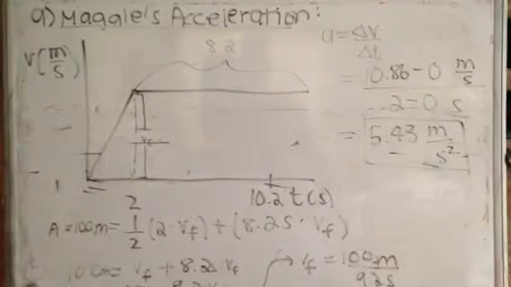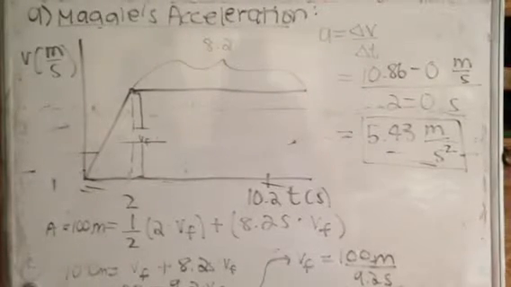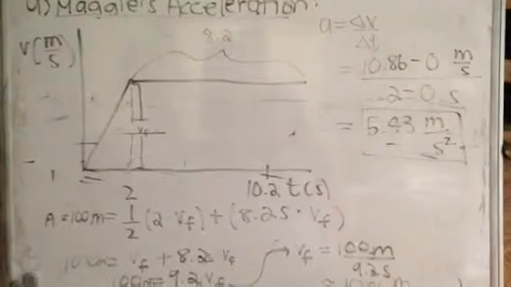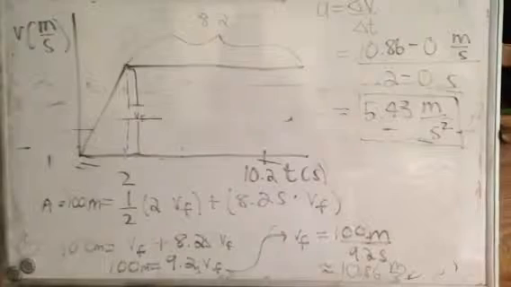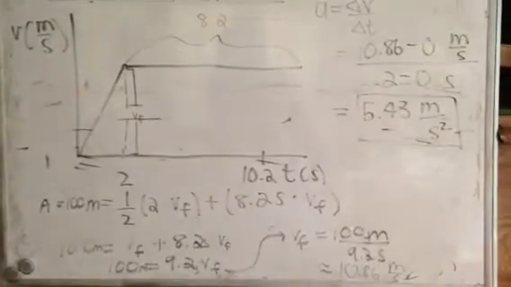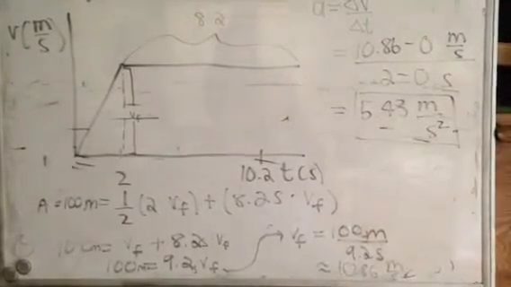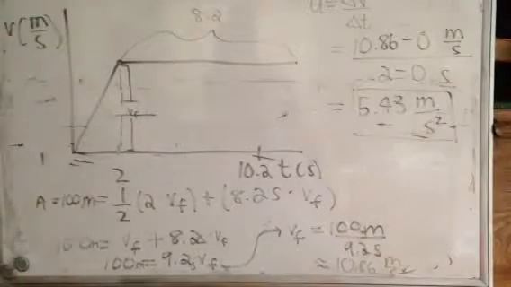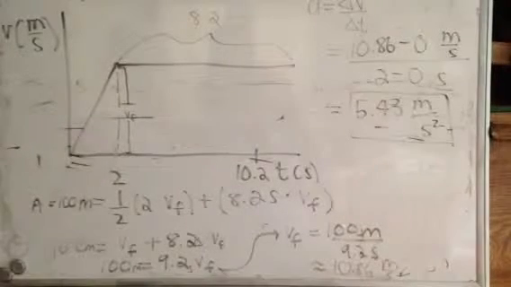Alright, so then you want to find that velocity so you can find the acceleration. Towards the bottom I wrote area is equal to 100 meters, because it's the distance, is equal to 1/2 times the base and the height, which is 2 times the final velocity, plus the area of the rectangle, which is 8.2 times the final velocity.